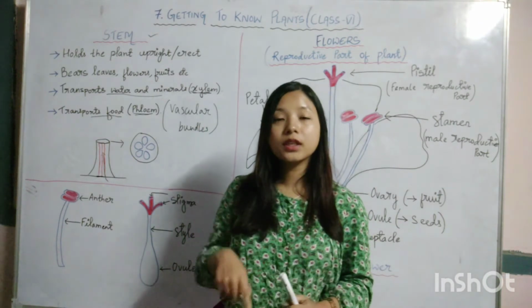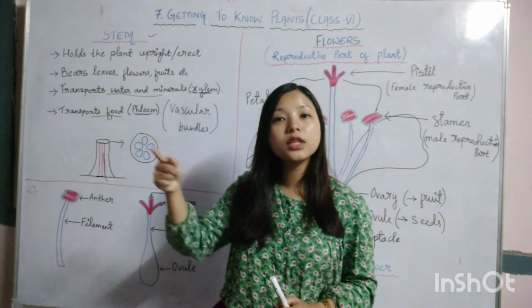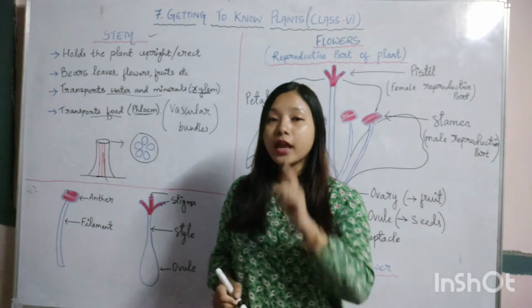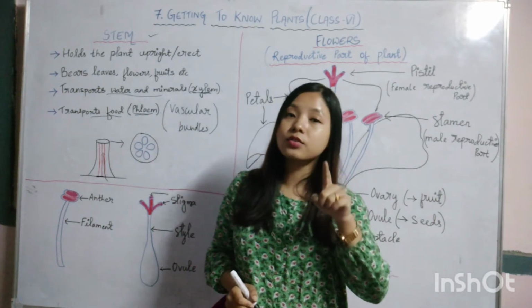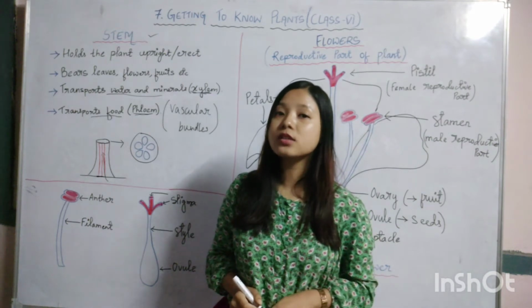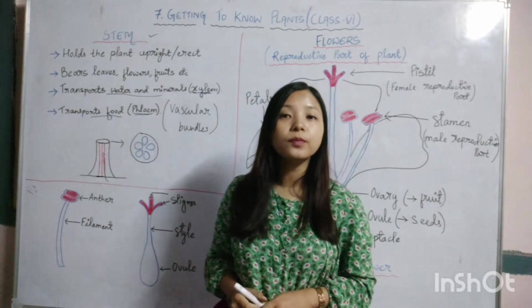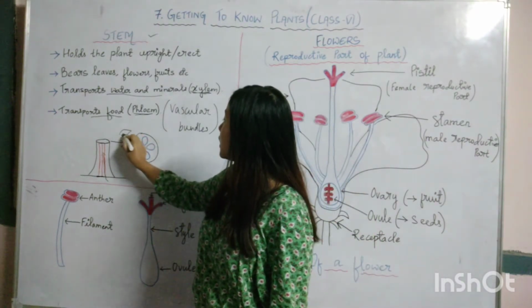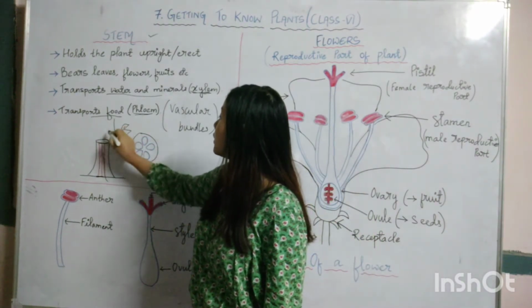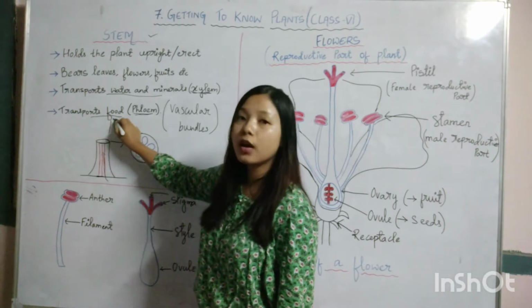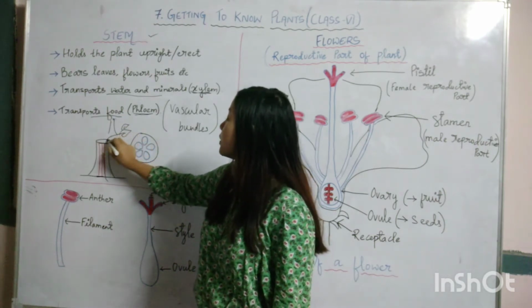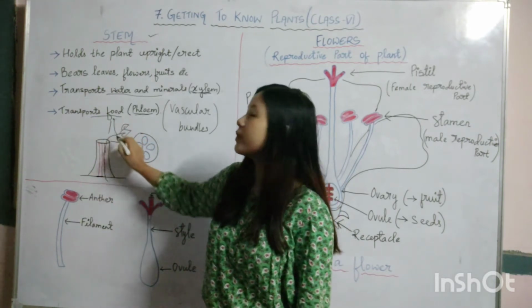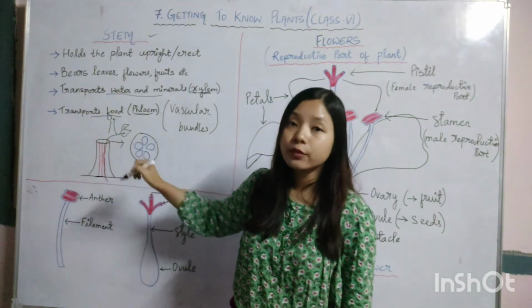Then after the water and minerals reach the leaves of the plant, preparation of the food takes place, and this food again is transported to all the other parts of the plant through phloem. So if this is the leaf of the plant, then the branches on the top, flowers, and below the stem and the roots, all these will get food through the phloem.